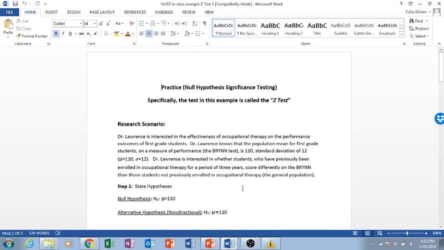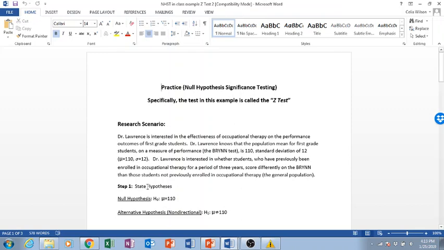I know the population score on this measure is 110 and the population standard deviation is 12. Dr. Lawrence wants to know kids who have been enrolled in occupational therapy, are they scoring the same as just the population mean?